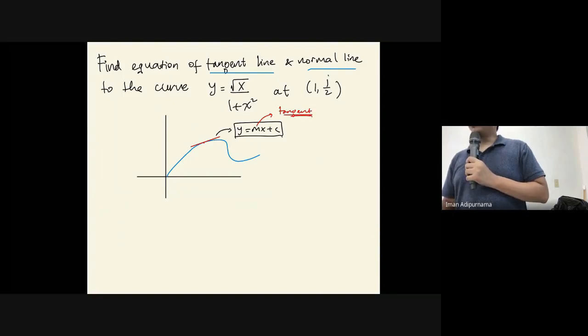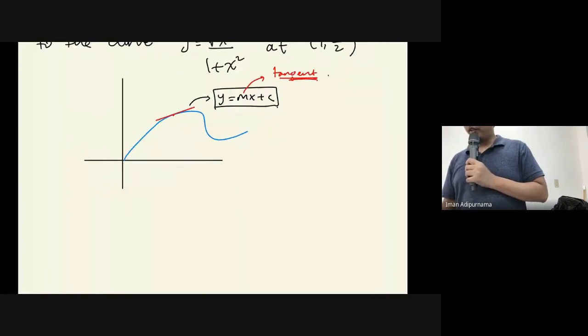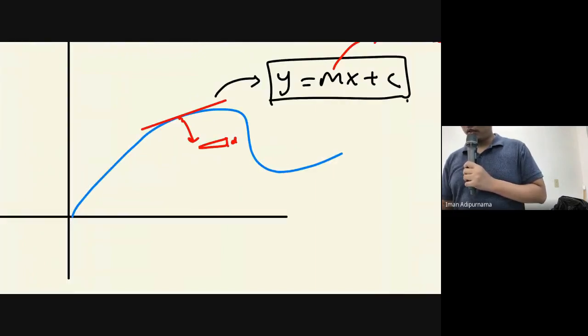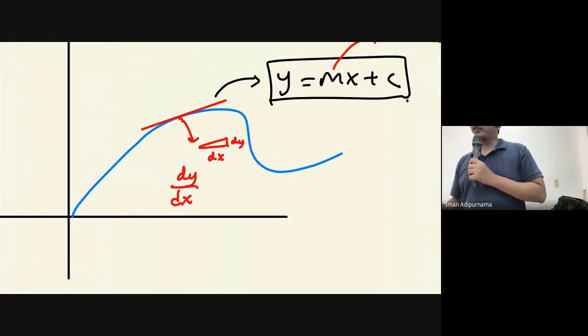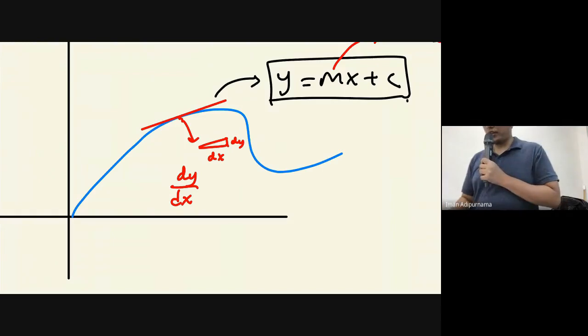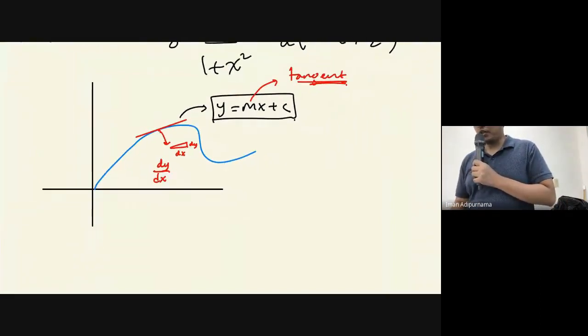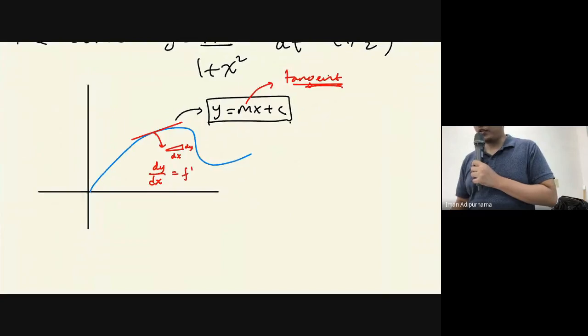From our early calculus class, I already mentioned that the first derivative is your gradient. This is dy/dx, the rate of change of y with respect to x, which is your f prime, your derivative.